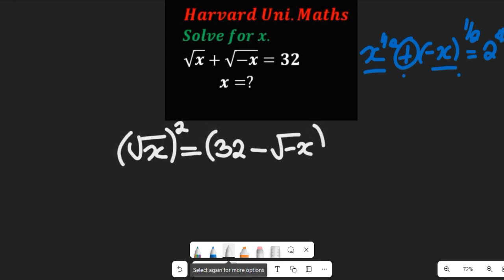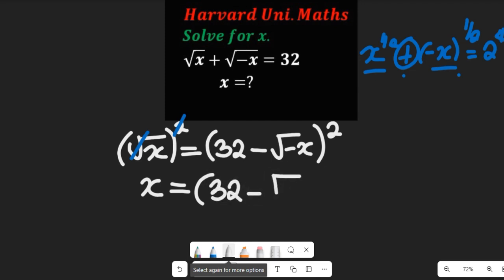With this expression, the square can cancel out the square root, and I will be left with x equal to 32 minus the square root of negative x, all squared.